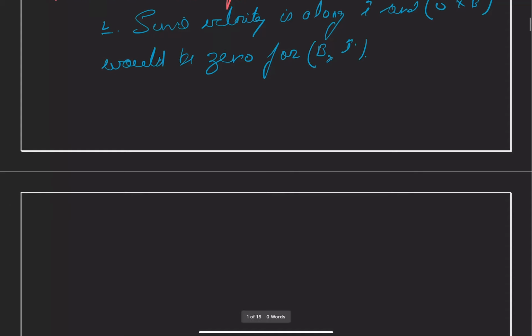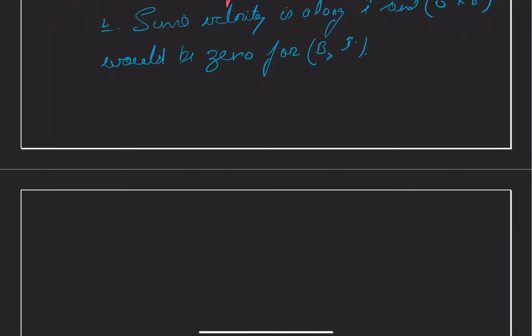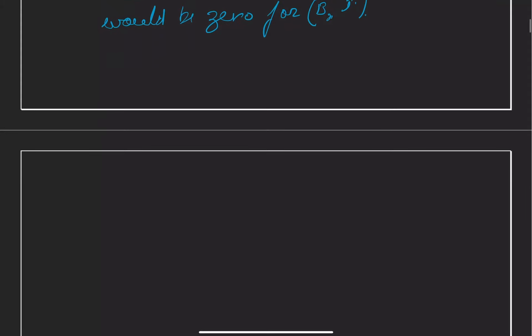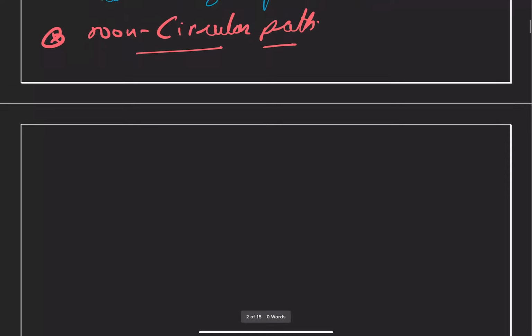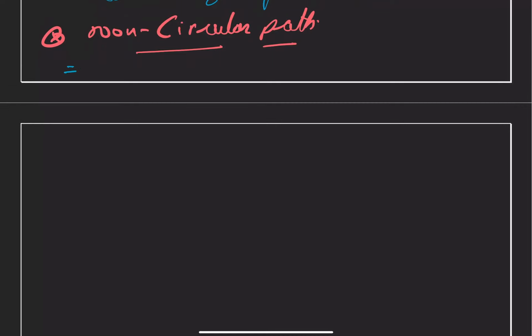So this is the first part, and the second part we draw on the basis of the circular path or non-circular path. So in the second case we are given non-circular path. Let us discuss first the circular path, that will make non-circular path absolutely clear.